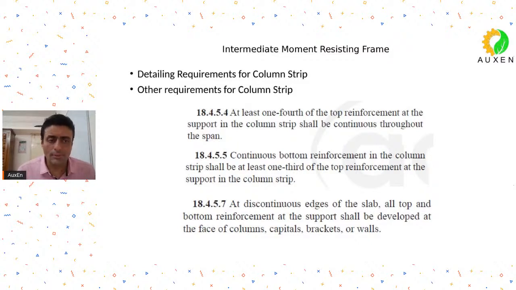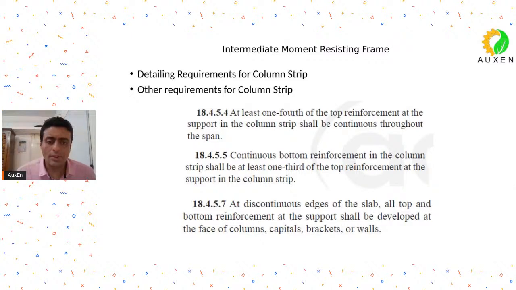So in the column strip, again I am concentrating on the column strip. At least one fourth of the top reinforcement has to be continued throughout the span. So whatever maximum reinforcement you are getting, at least one fourth of it has to be continuous throughout the column strip.